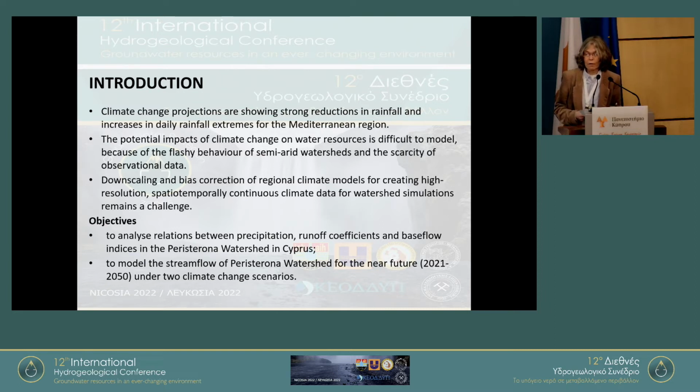It's also a challenge to downscale and bias correct regional climate models at high resolution in a spatially and temporally continuous manner over the watershed area.